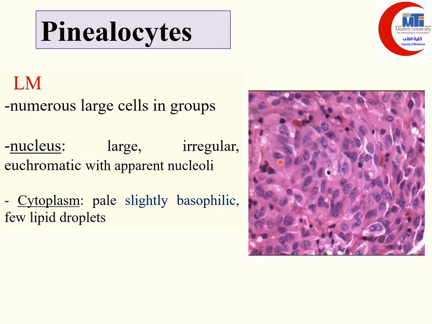The nucleus of these cells appears large and irregular, achromatic with apparent nucleolus, as these cells are very active in secretion, so the nucleus appears achromatic with apparent nucleoli. The cytoplasm of the cells is pale, slightly basophilic, with few lipid droplets.